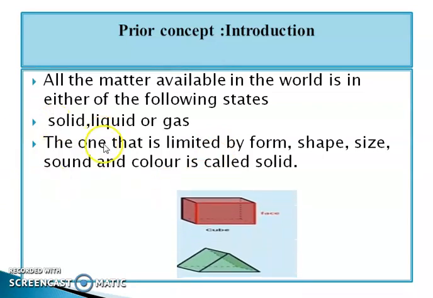If you see in the figure, there is a structure of a cube and a prism. One is cubic in shape and another one is triangular in shape. So from this we come to know that these are solid structures and they have their definite shape and size.